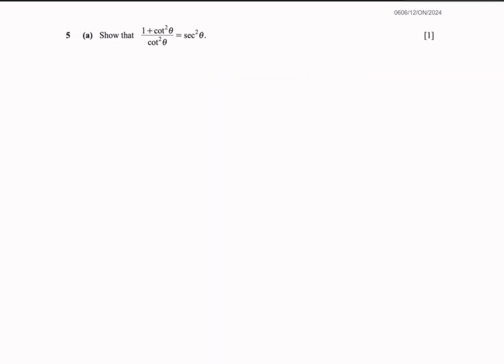Okay, so for this question, we have to start from the left-hand side. And since there are two cotangent terms in the left-hand side, you have to change them into cos and sine to make it easier. So we can use this identity.